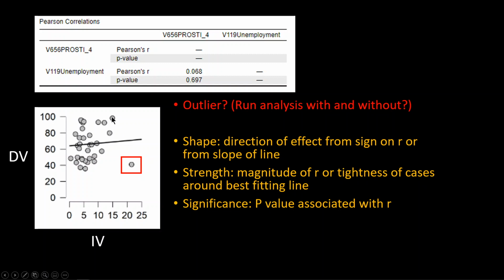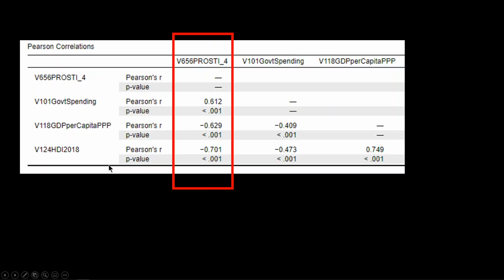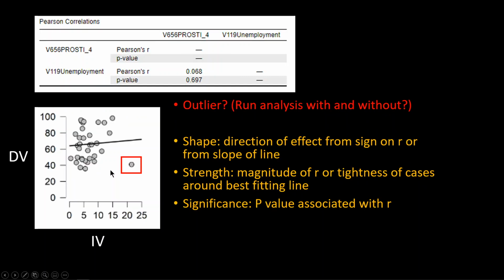So this country, whatever country it is, was plotted here because it has a 15% unemployment rate and nearly 100% of the population sampled saying that prostitution is never justifiable. Every one of these dots represents a country that is plotted where its value is for the independent and dependent variable.